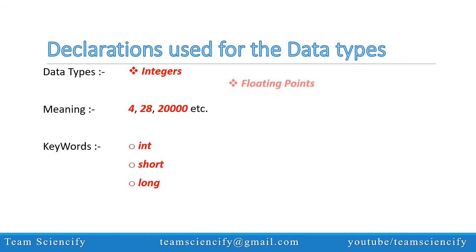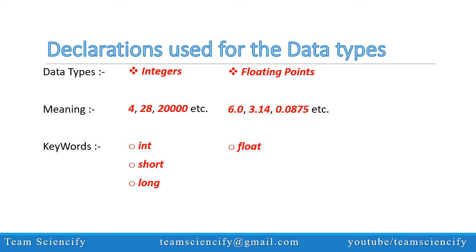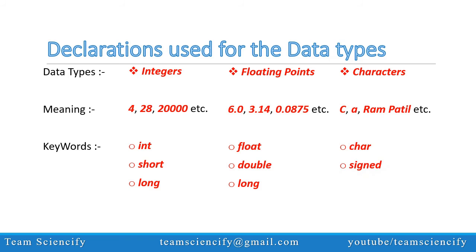The next type is floating points, meaning 6.0, 3.14, 0.0875, etc. The necessary keywords used for float data types are float, double and long. The last but not the least data type is characters, meaning capital C, small a, Ram Patil, etc. The necessary keywords used for character data types are char, signed and unsigned.